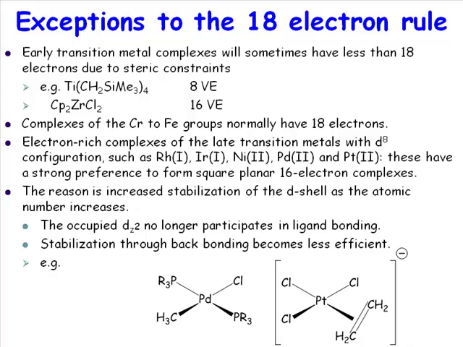So the kind of compounds that you've encountered that typically form square planar complexes don't conform to the 18 electron rule. They always conform to what we would call a 16 electron rule. But the reason is because dz squared, if you like, is not participating in bonding in the same way in these square planar compounds.